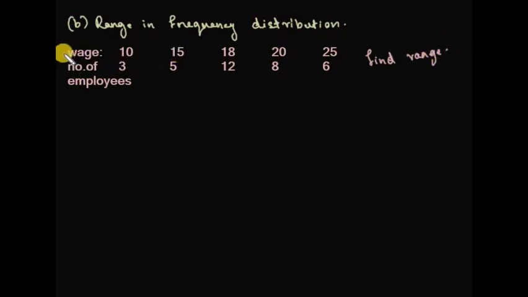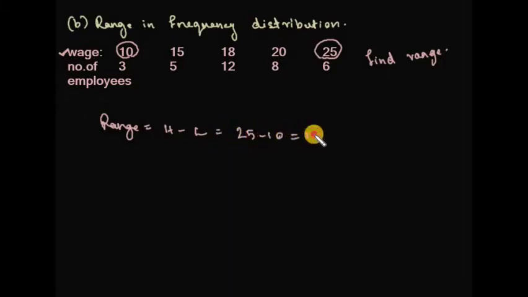Here you have to consider this range alone. So within this range, the highest value is 25, and the lowest value is 10. So range equal to highest value minus lowest value. So 25 minus 10, which is equal to 50. And definitely you can find out coefficient of range also.